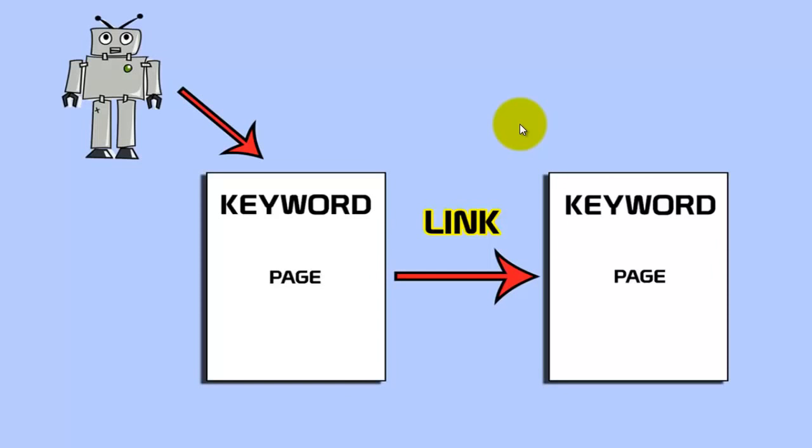So basically that's what robots do, and they perform the same action over and over again, navigating throughout the web just trying to find new pages they can add inside of Google listings.